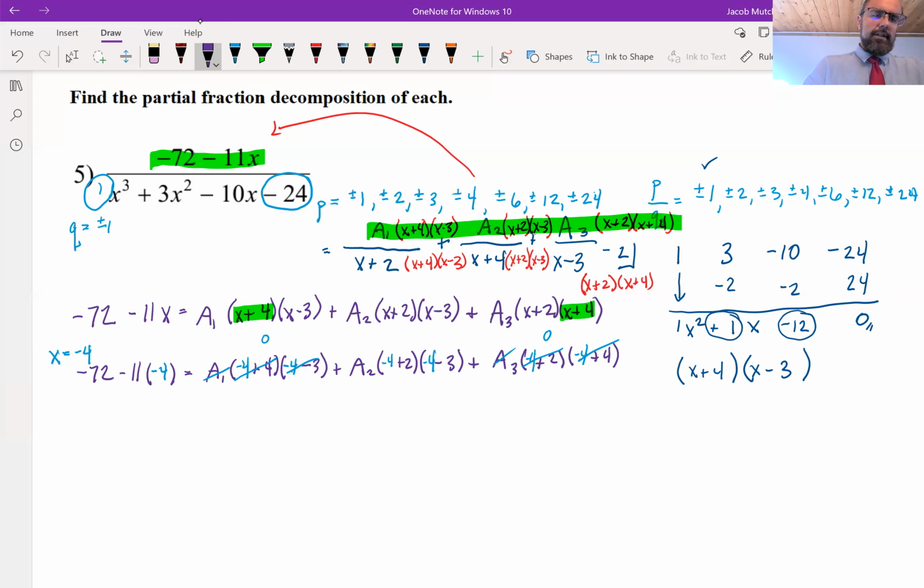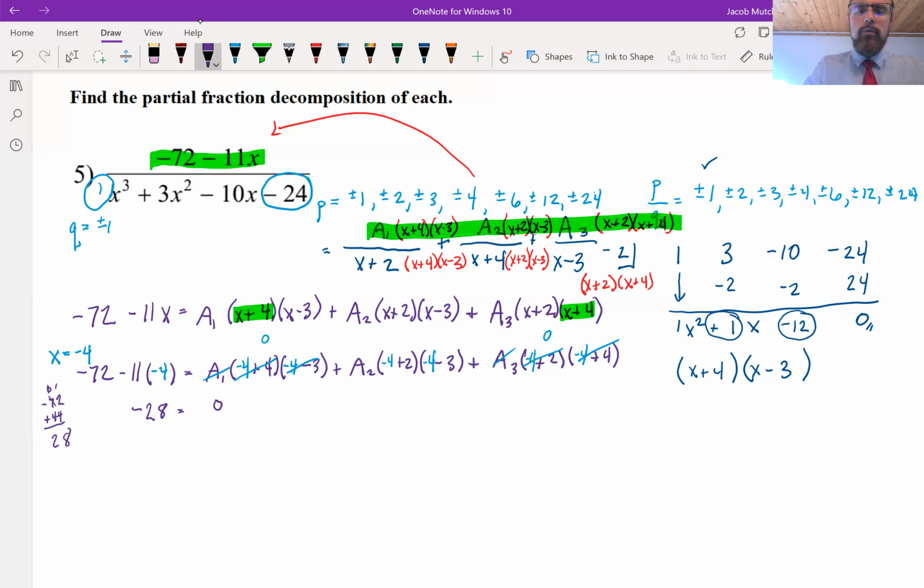So that's negative 72 plus 44. And we'll just subtract that. So it looks like that's going to be negative 28 equals, that whole first term is 0.